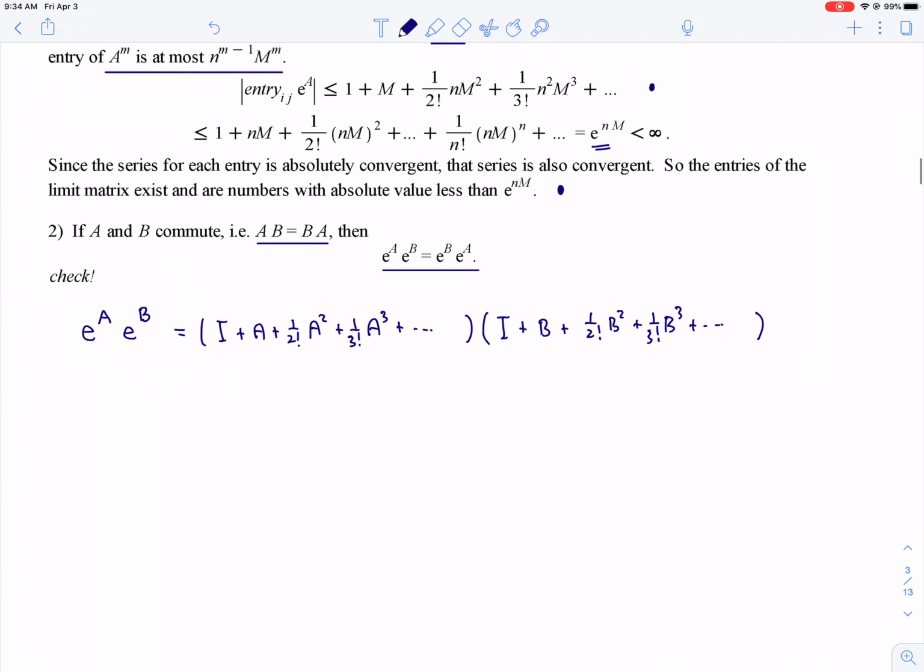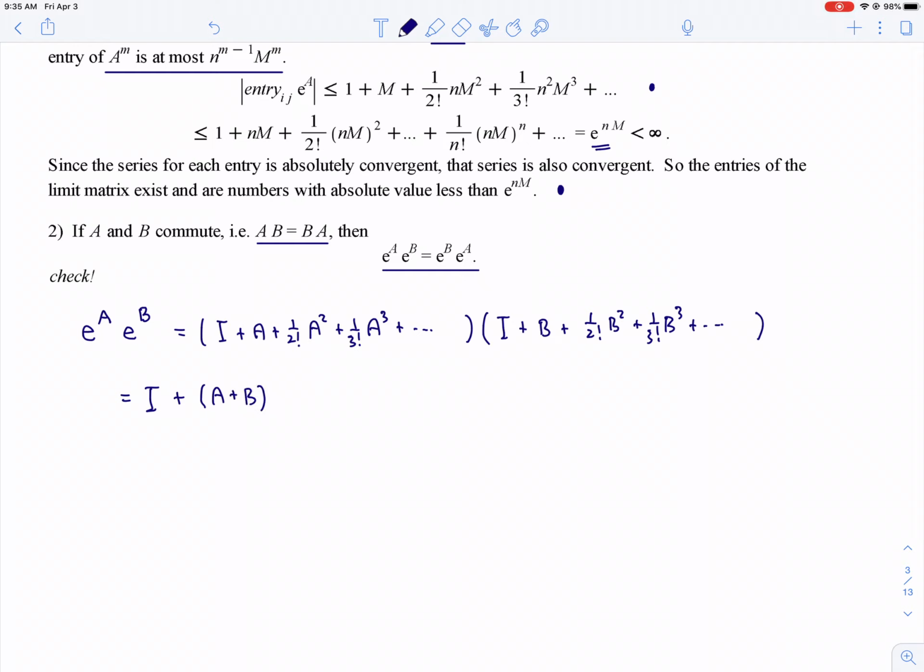Okay, now if these were finite sums, I would just add up all of the products where I took one term from the left and one term from the right. They're infinite sums, but I'll still get the sum of all possible products from the left and from the right, and I'll organize these by increasing powers. So if I take I times I, I get I. If I look at the terms that just have one total power, I'll get A times I plus I times B, which is A plus B.